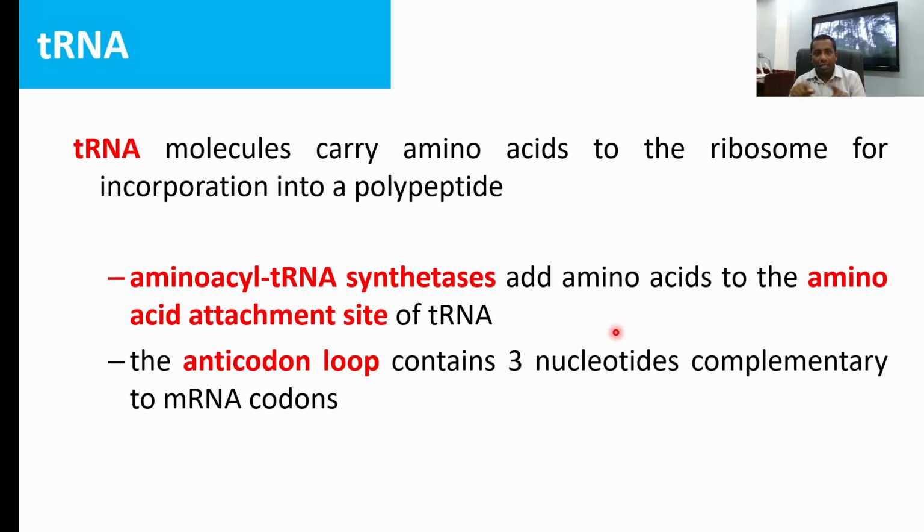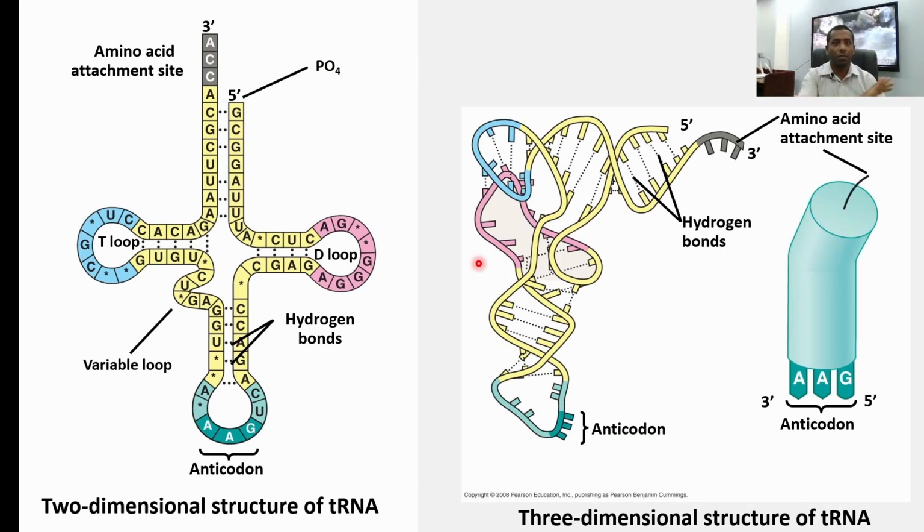In a given tRNA molecule, I will explain the structure in a bit. There is a region called the anticodon loop. This anticodon loop contains 3 nucleotides complementary to the mRNA codon. Okay, so here we have a structure of a tRNA molecule.